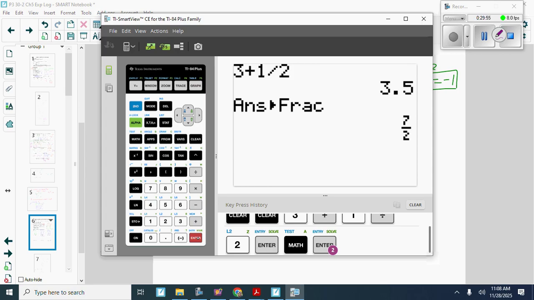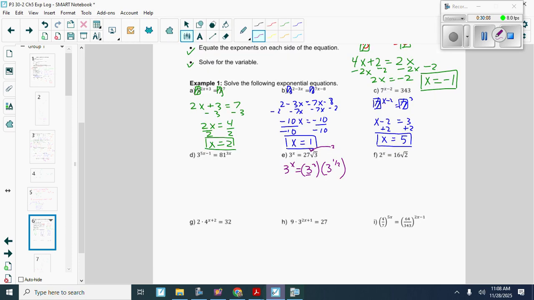3 plus a half. So remember, if you're doing common denominators, 3 becomes 6 over 2. So 6 over 2 plus 1 over 2, that's where 7 over 2 comes from. So 3 to the x is equal to 3 to the 7 over 2. We have the same base, so our exponents are equal.